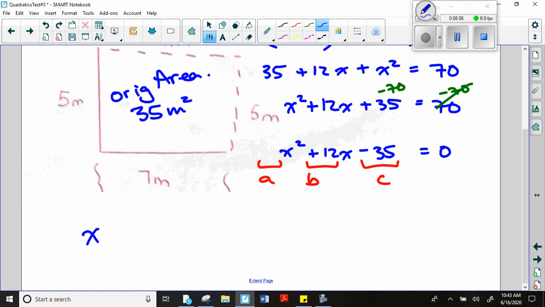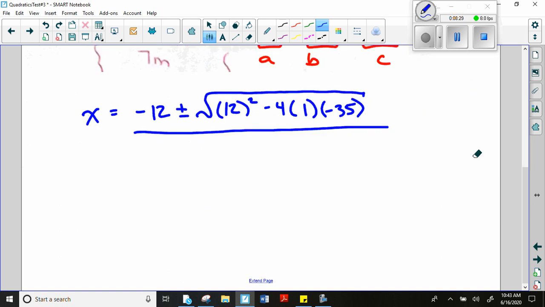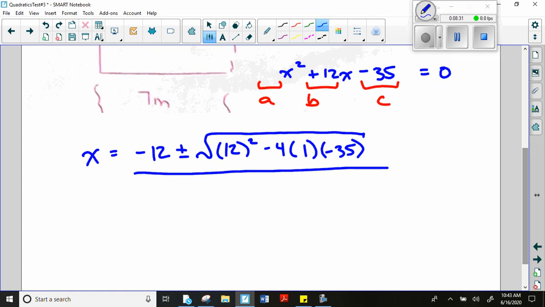Okay, x is going to be negative b plus or minus the square root of b squared minus 4 times a times c. So a negative times a negative here is going to give us a positive under the square root sign. Always a good check because then you know your math is going right.